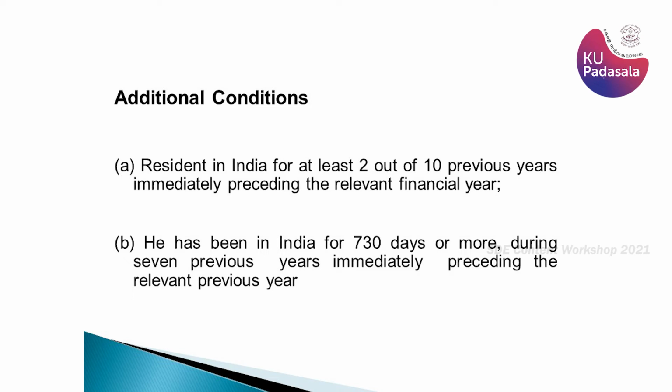And second, he has been in India for 730 days or more, means not less than 730 days, during the 7 years immediately preceding the relevant previous year. So, out of 7 years he should be in India for 730 days or more. So, these are the two additional conditions.